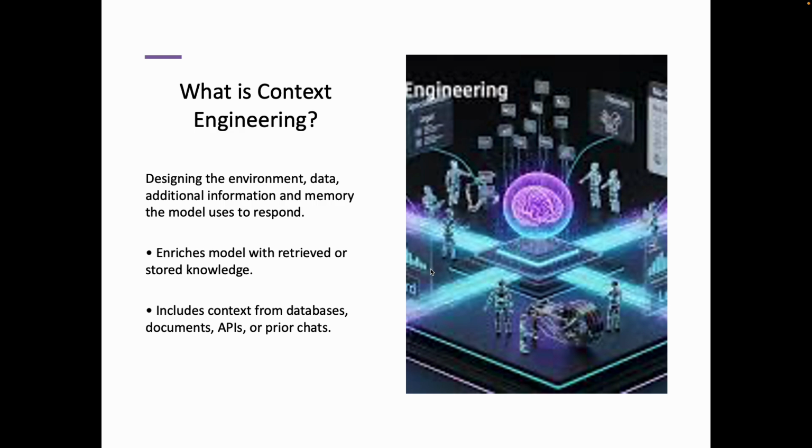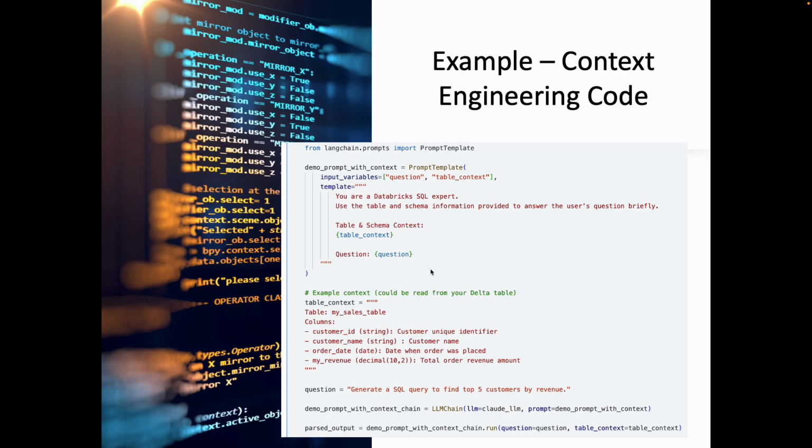This context information can be supplied in multiple ways: from a database, a Delta table in Databricks, a set of documents, your PDFs, your APIs, your prior chats, the historical data of a particular user, and so on. There is no restriction on how we can feed this information. It could be as simple as some text going along with the prompt.